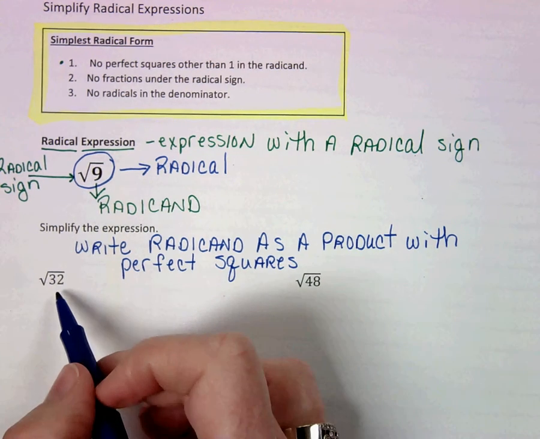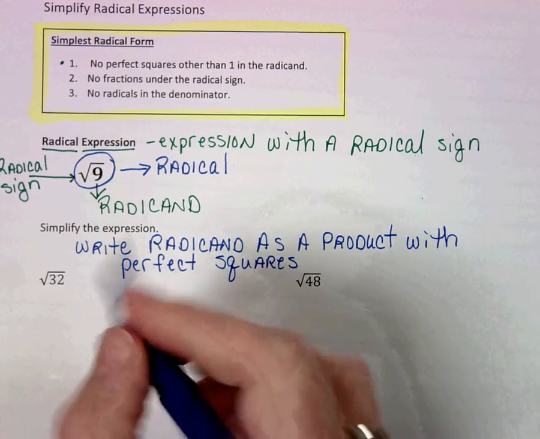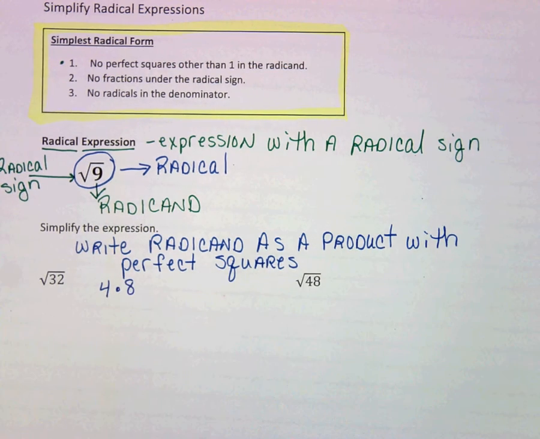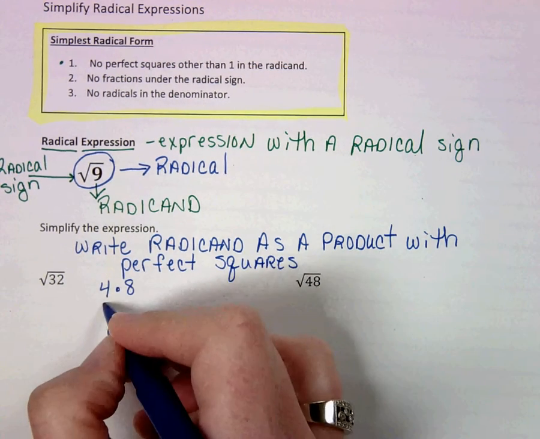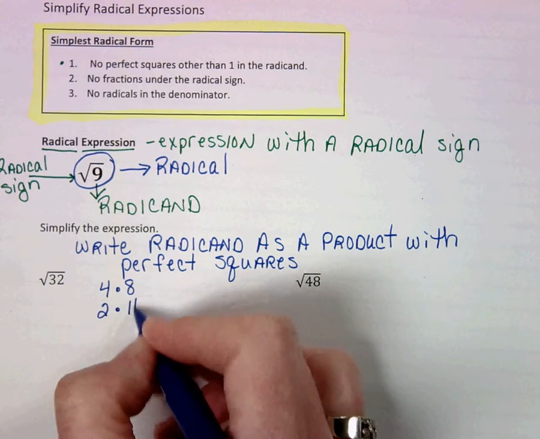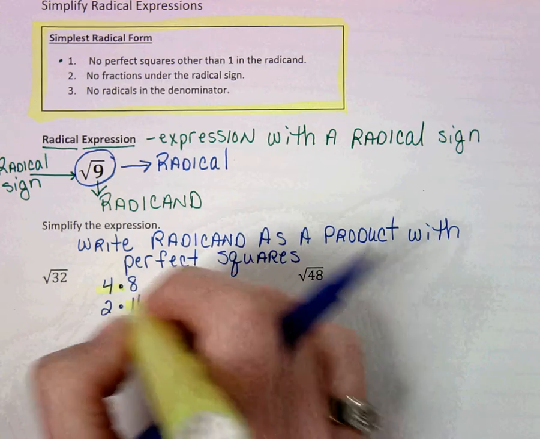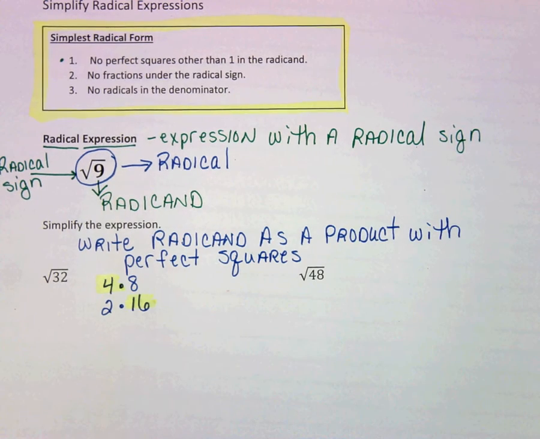Okay, so for example, 32. We know 4 times 8 is 32. Hopefully we also know that 2 times 16 is 32. Both 4 and 16 are perfect squares, but we want to pick the larger perfect square because if we didn't, then we wouldn't be in simplest radical form.